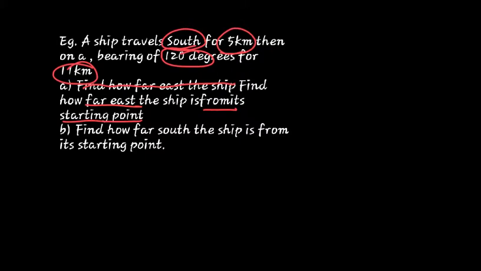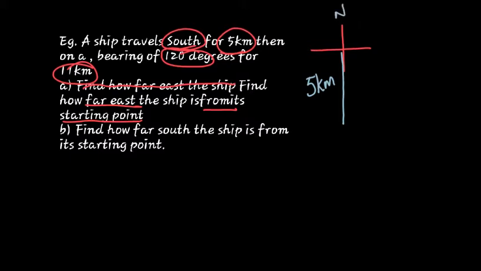So if we draw our little compass bearing, it's going south, down this way, for 5 kilometres, and then a bearing of 120 degrees for 11 kilometres.